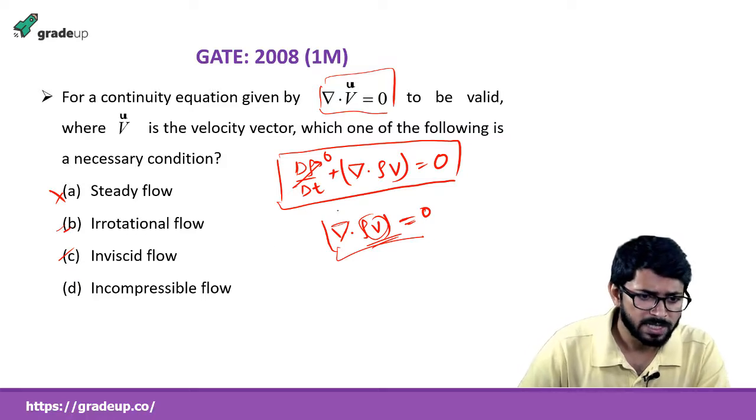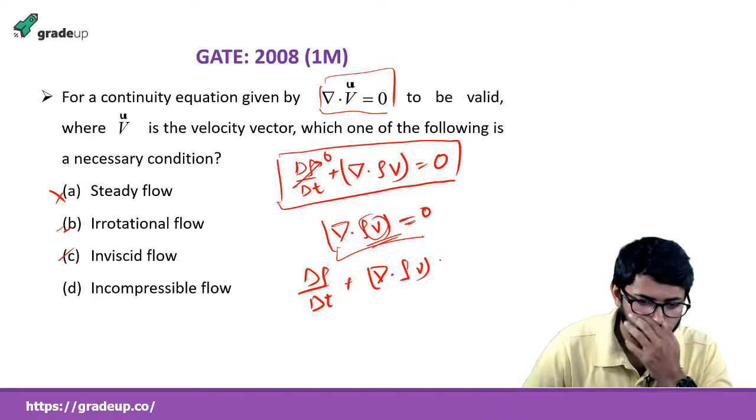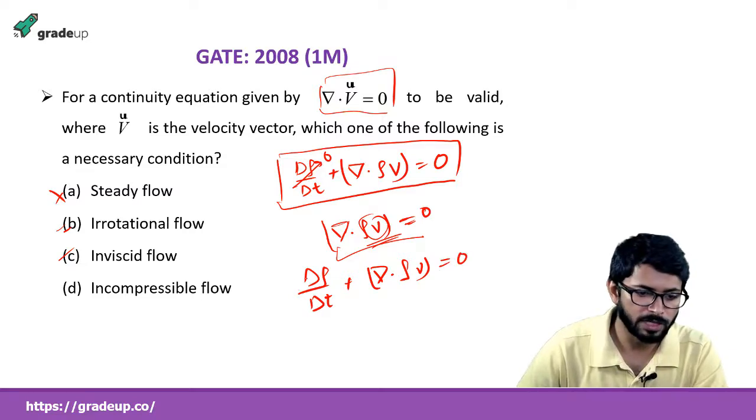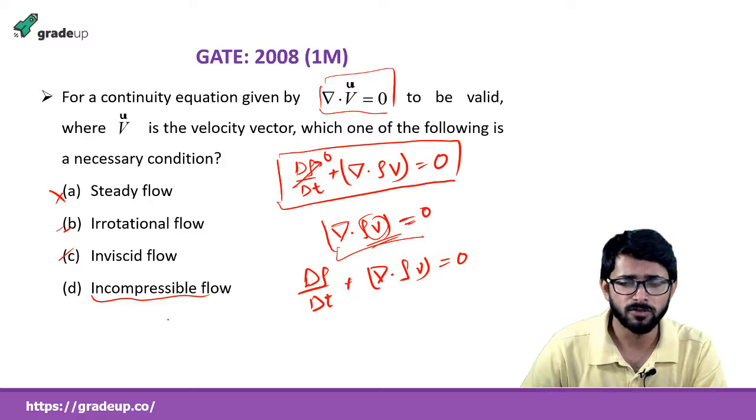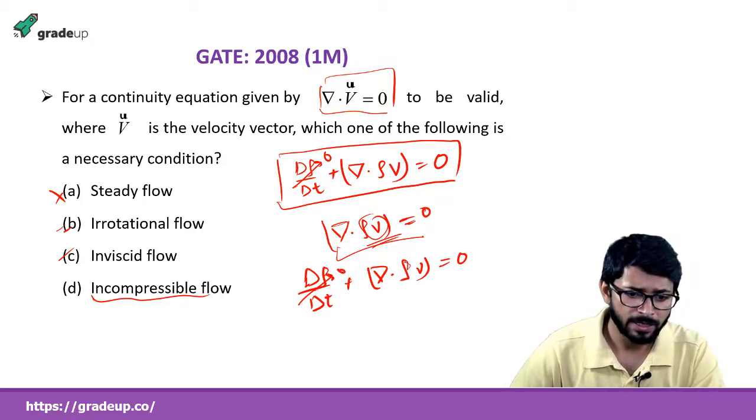Let's check for the incompressible flow. Again, taking the equation d rho by dt plus del dot rho v equal to 0. This is the continuity equation. Incompressible flow means density is not varying with space or time. So this term will be 0 because it is invariant with time, and it is also invariant with space.